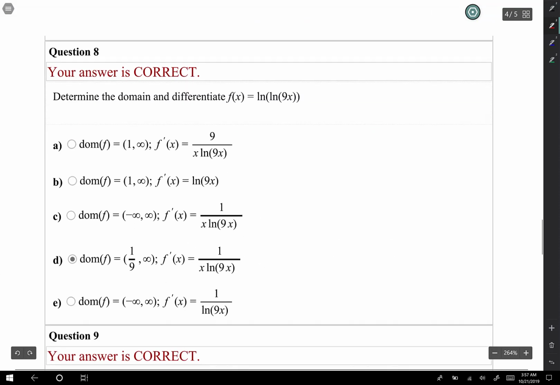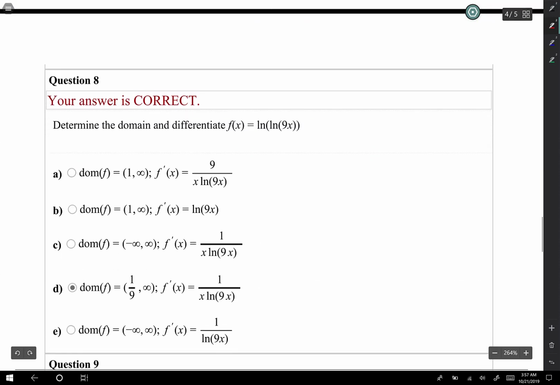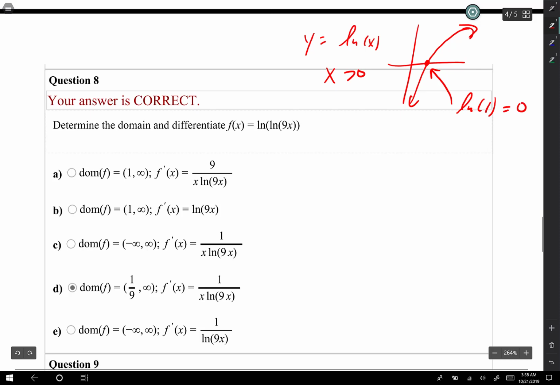Determine the domain and differentiate. All right, so remember that y equals ln x looks like this, guys. So the domain is x greater than 0, but remember that right there, ln of 1 is 0.